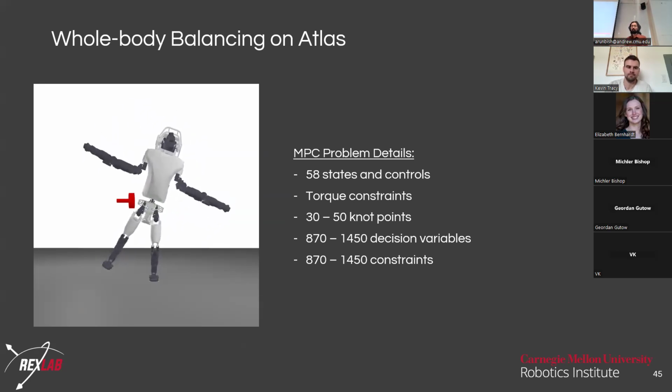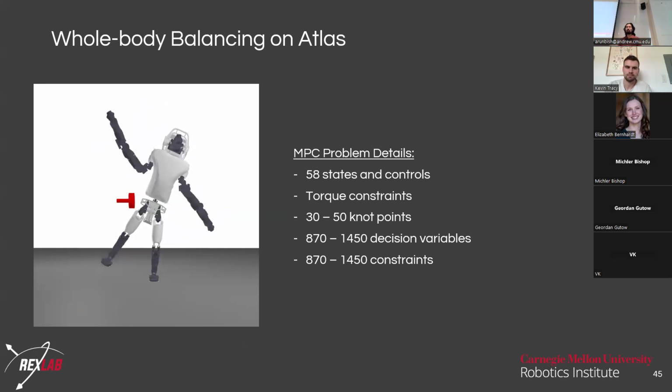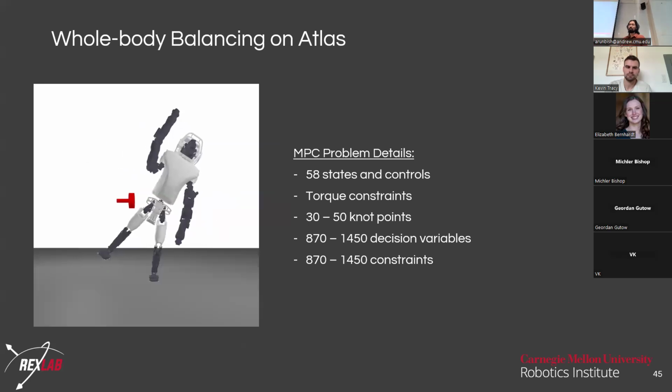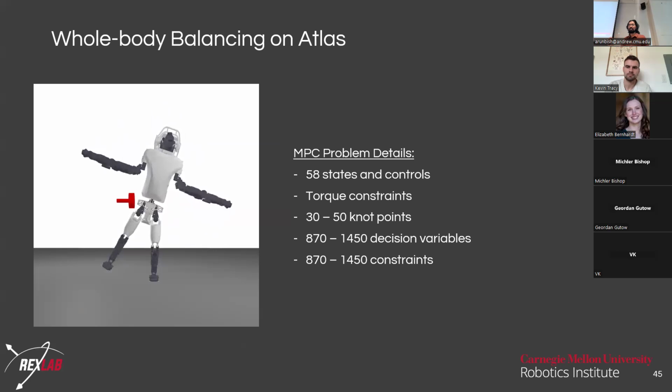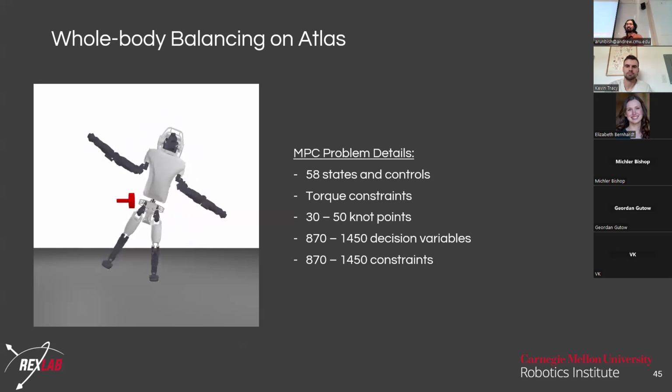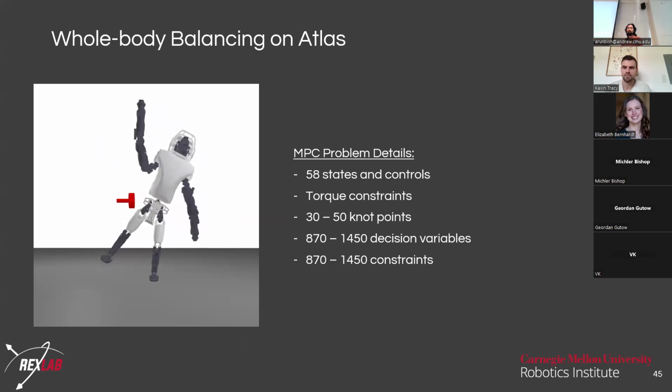So you're right, it's less of a conditioning issue, and more that ProxQP, because it's solving the problem differently, wasn't able to get to the accuracy that was needed to stabilize the system.